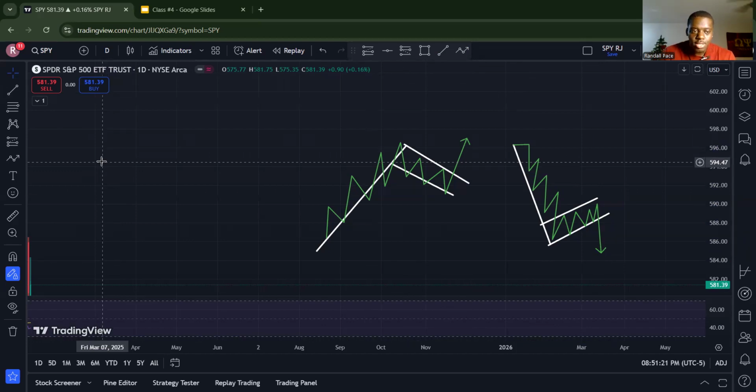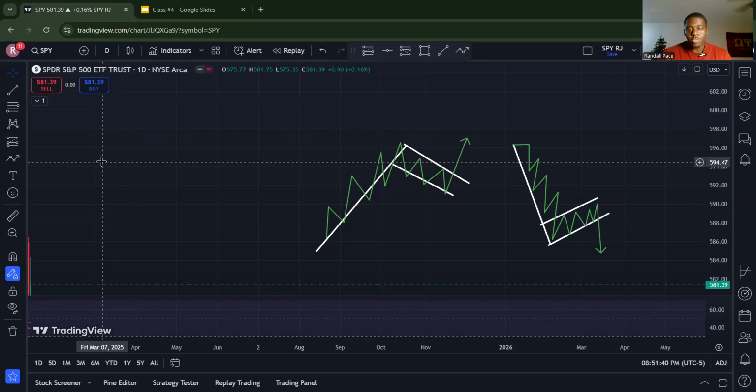When do you want to look for these flag patterns? When would be the best time to use the flag patterns? Let's see who was paying attention. When it's going in the direction of the market. Exactly.